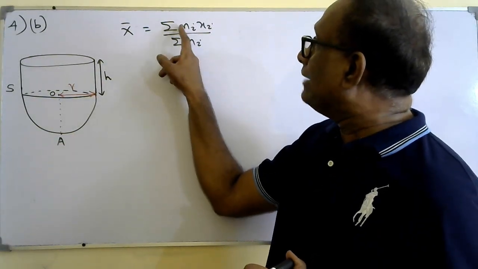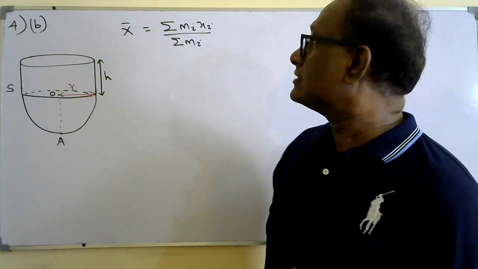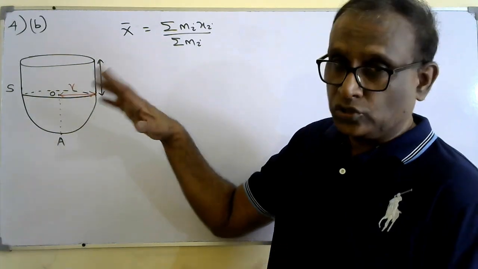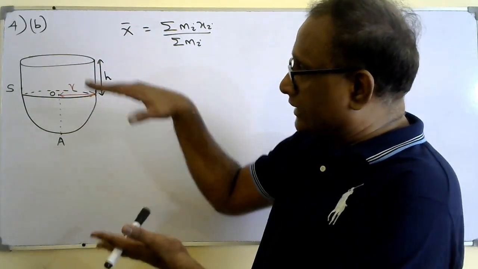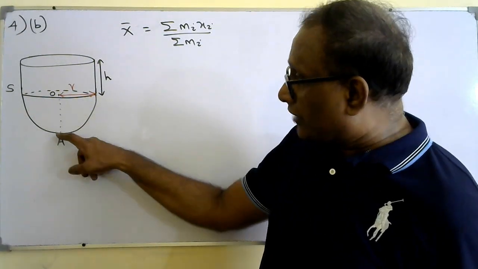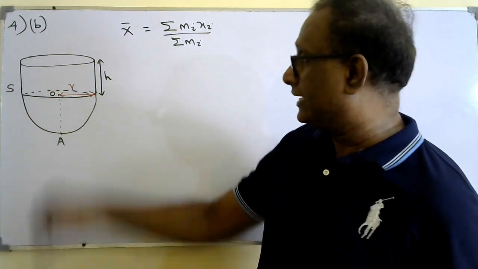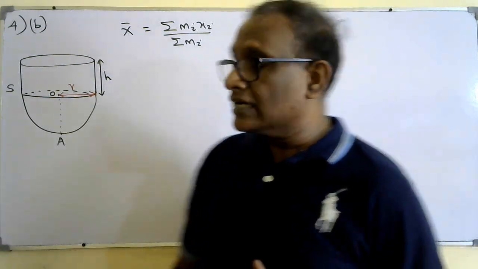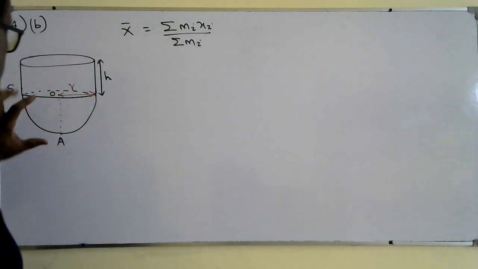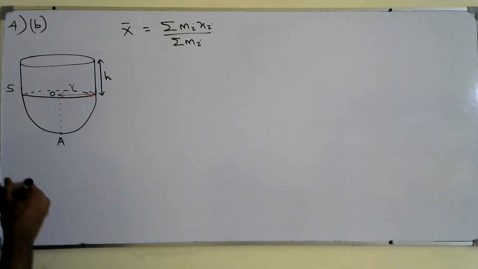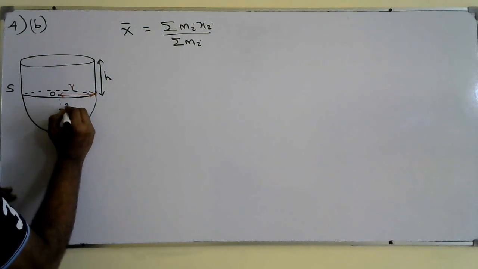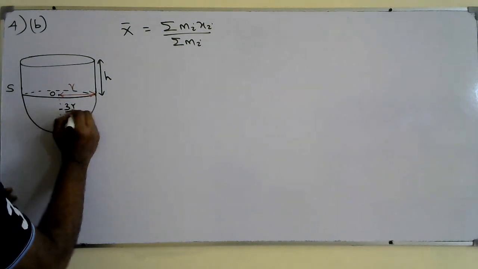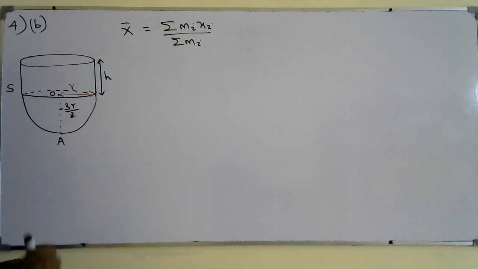Now here sigma mi xi, mi into xi. There are two objects involved. I told you S is made of two different objects, the hemisphere and the cylinder. We are going to find the center of mass of S from A. So the center of mass of the hemisphere, we found it 3r by 8 from O in the first part.